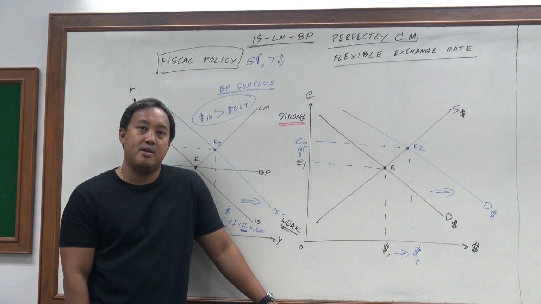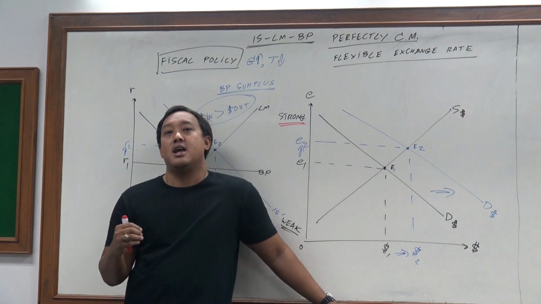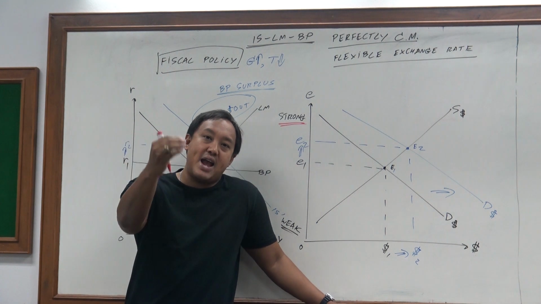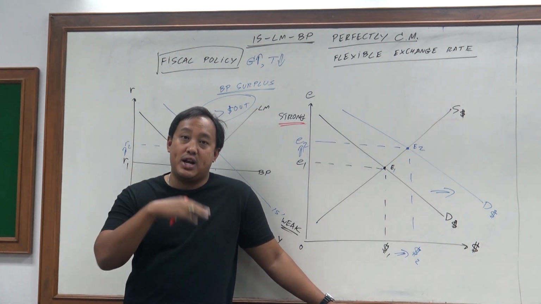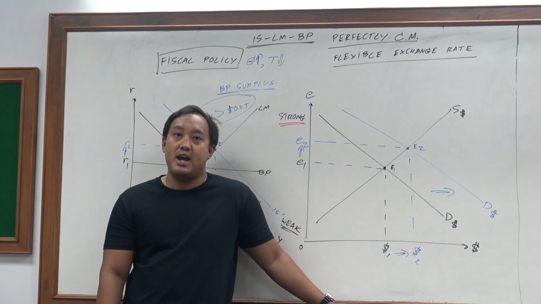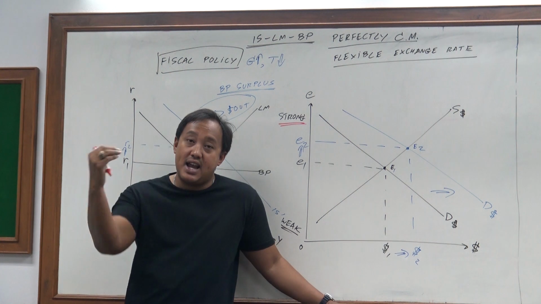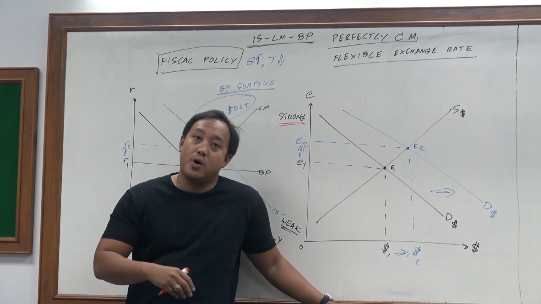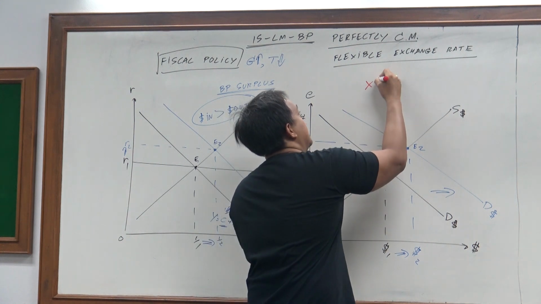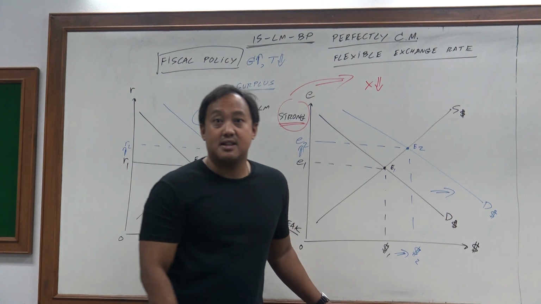When our currency becomes stronger, everything made in our country becomes more expensive to the rest of the world. So because of the strong currency, we're going to export less.